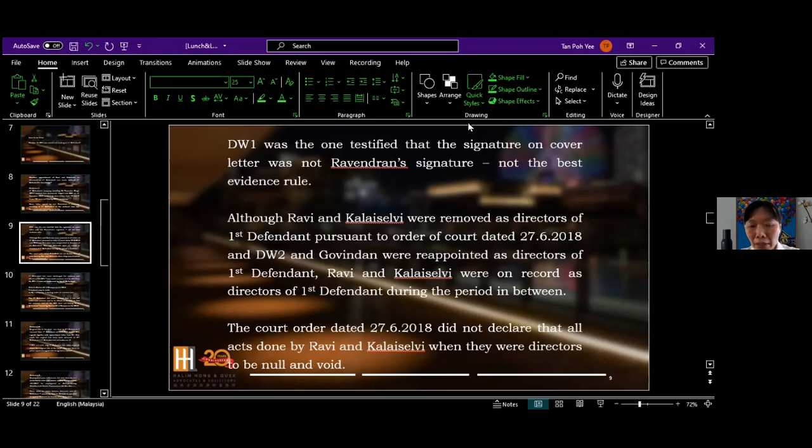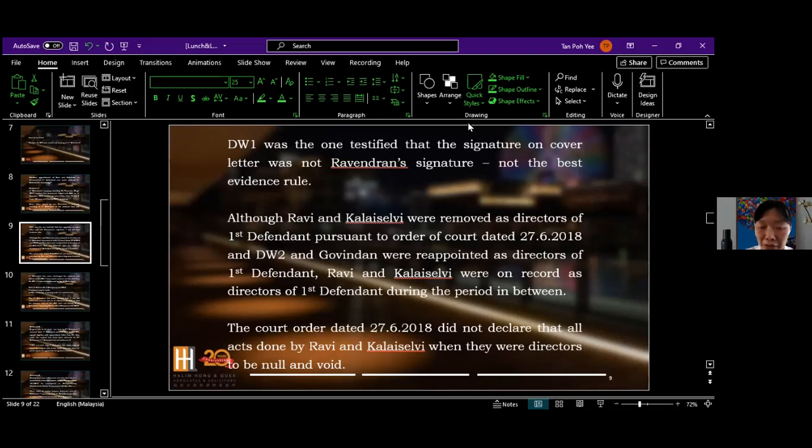But although these two, Ravi and Kalai Selvi, were removed, their names were on record as directors of the first defendant during the period in between.